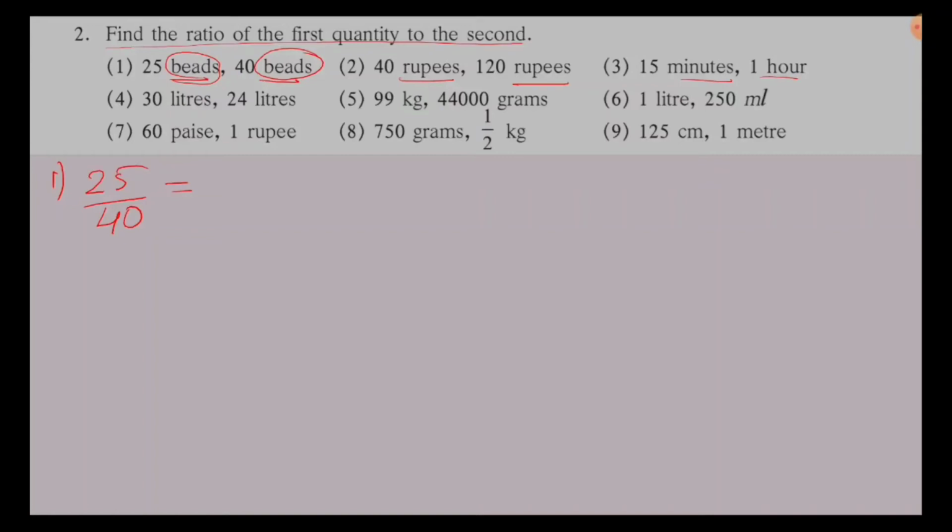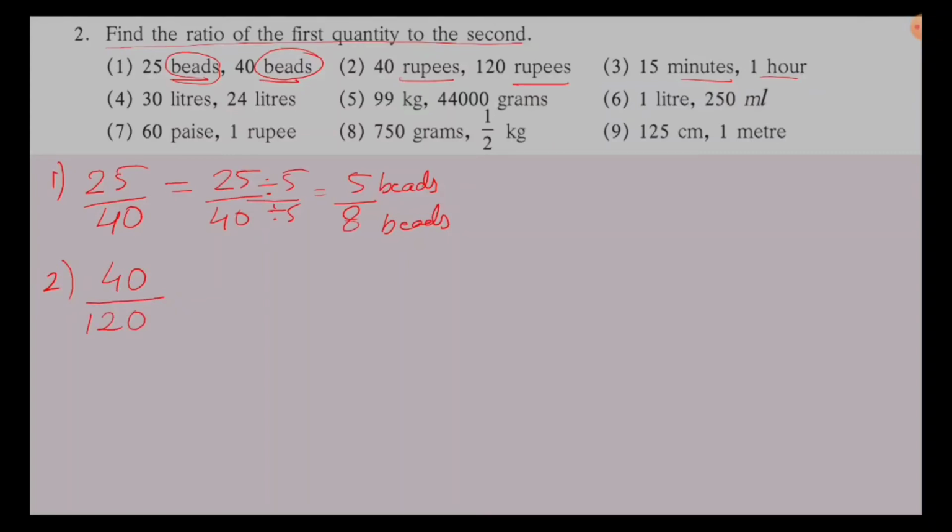You have to find their HCF and directly do it. 25 upon 40 can be divided by 5 itself, so it will be 5 upon 8. So the ratio will be 5 beads upon 8 beads.